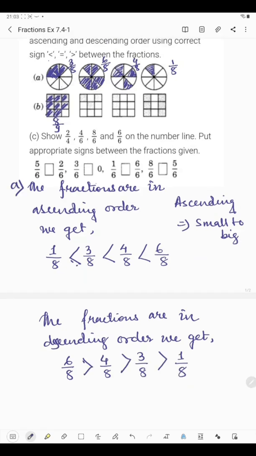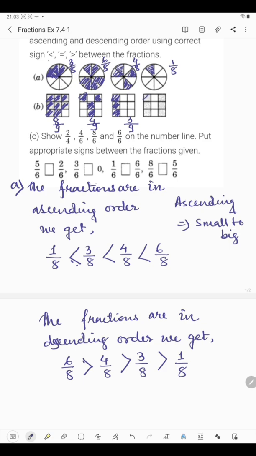Now in the next figure we have 1, 2, 3, 4. So 4 parts are shaded out of 9 parts, so it will become 4 by 9. Now coming to the next, 1, 2, 3. So 3 parts are shaded out of 9, so it will become 3 by 9.